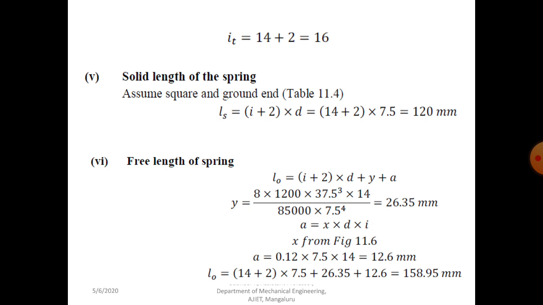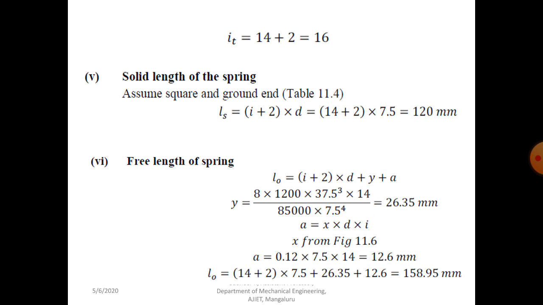That we have to add to the solid length. So l plus 2 into d is nothing but the solid length, plus y, which is the axial deflection that we calculated based on the standard diameter of the spring wire, and a is nothing but that gap, because in the free length there will always be a gap between the two coils.